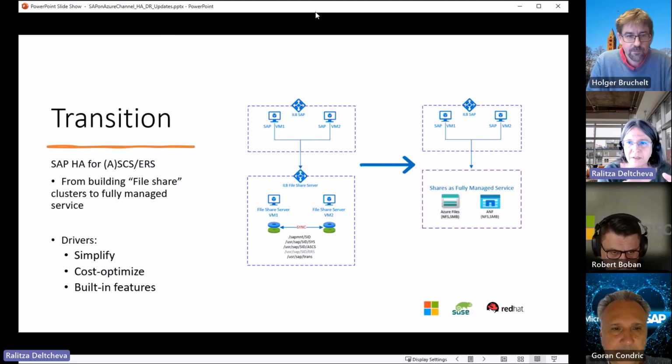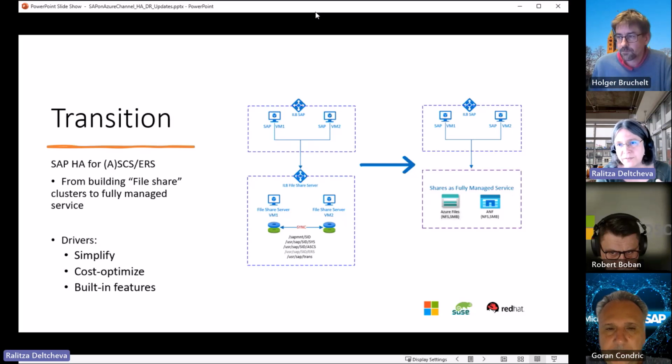If we start first at the application layer, of course, you have the SAP central services that need to be protected. And there is another important component, the so-called SAP shared directories. And in order to have a resilient and highly available SAP system, these shared directories also need to be protected with some sort of a HA construct.